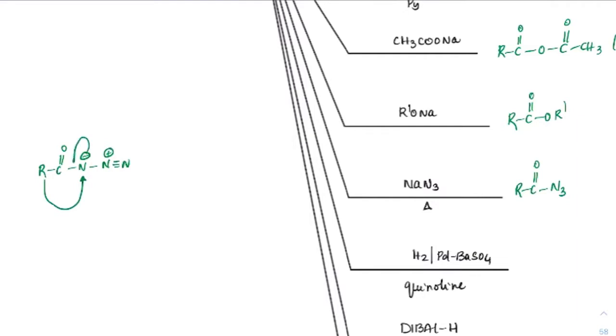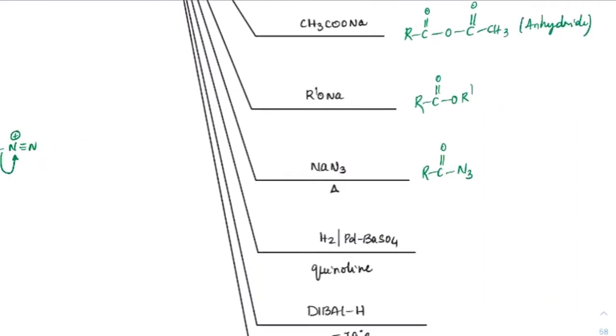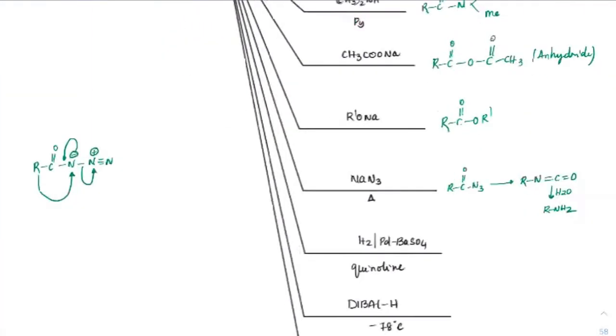So this will happen to form isocyanate. So first isocyanate is formed. From RCON3, isocyanate is formed, with C double bond O. Further, if water is provided, it will convert into amines. It will become RNH2. Okay, remember Curtius reaction.